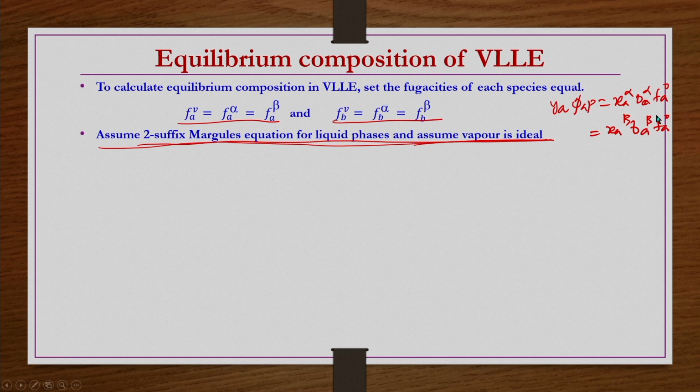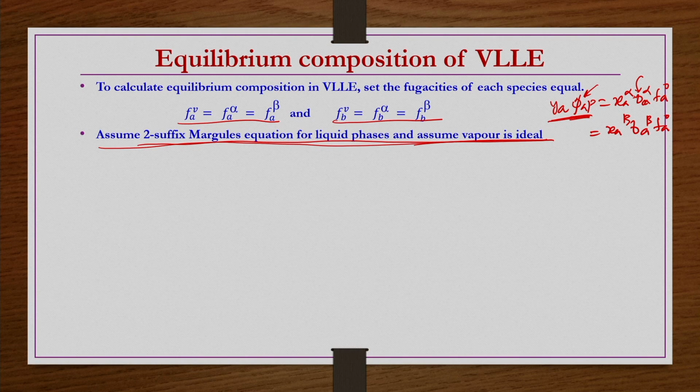This is what you should have, right. So, what is this gamma? We should know. What is this phi_A? We should know, then only we can write the equation. For phi_A, there are many relations. For simplicity we are taking ideal behavior, right, and for gamma_A, different activity coefficient models are available that we have already seen.